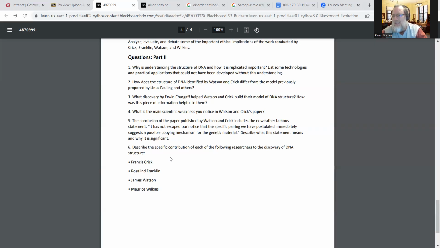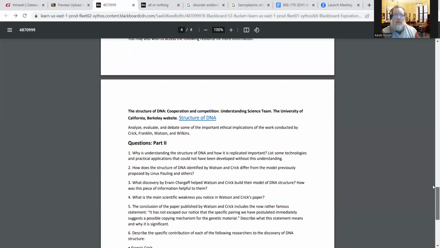So versus today, maybe there are some similarities, maybe some differences, but regardless, I want you to pay attention to some of the maybe cultural aspects of 1952 in regards to credit given to Rosalind Franklin specifically. So you can touch on that a little bit if you'd like.